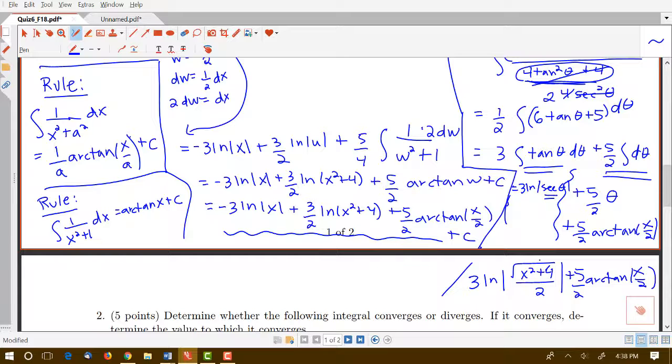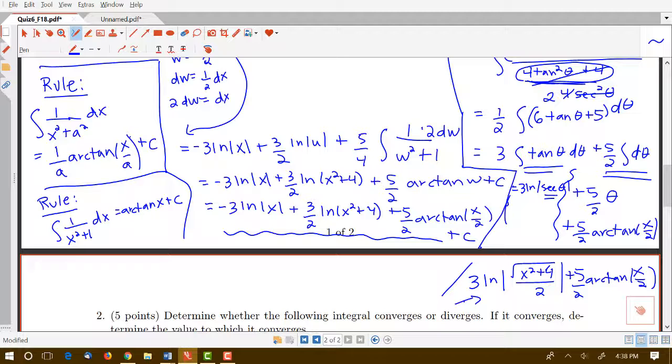So you're going to get what looks like an extra constant over here in this form, but we think of that just being absorbed into the plus c. The 3 halves part would come about because I'd have this x squared plus 4 raised to the 1/2 power, and when I have log of something raised to a power, you can bring that power out in front times the constant. So this is the same over here.